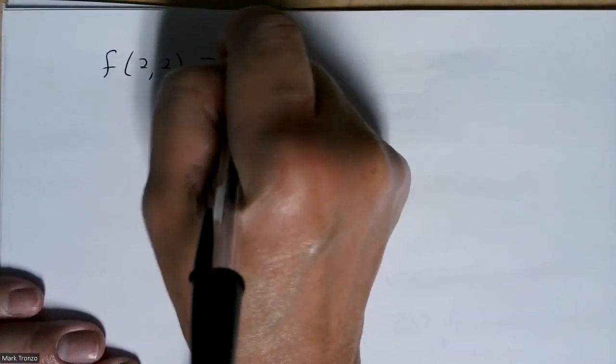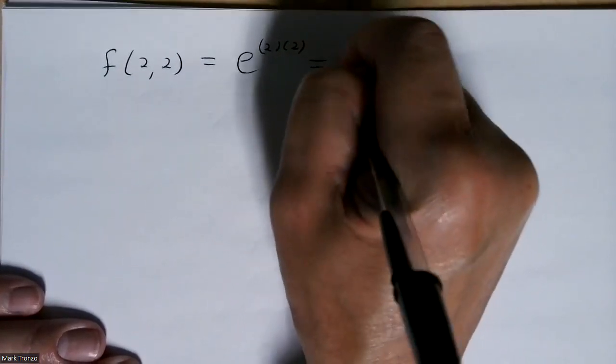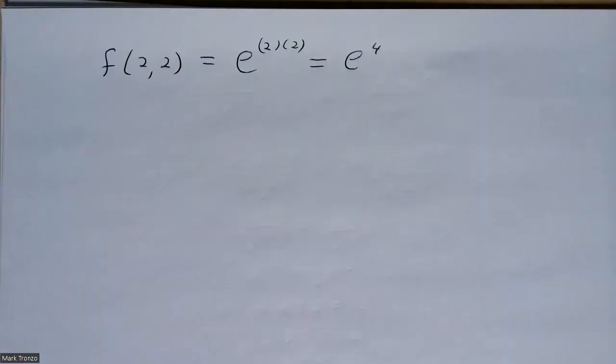Again, remember our function was e to the xy. So it'll be e to 2 times 2, which gives us e to the 4. So this is the function value at that point. So again, is this a max or a min? All we have to do is pick any other point that satisfies the constraint.